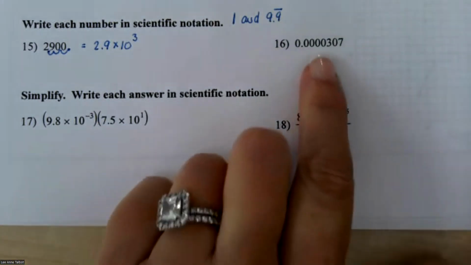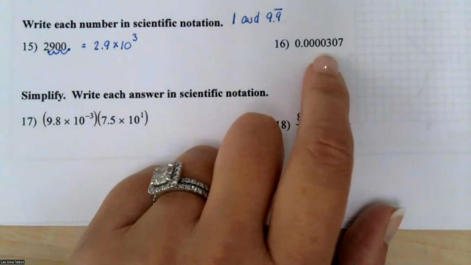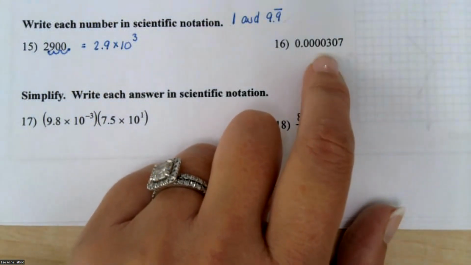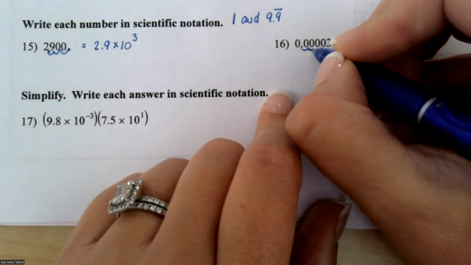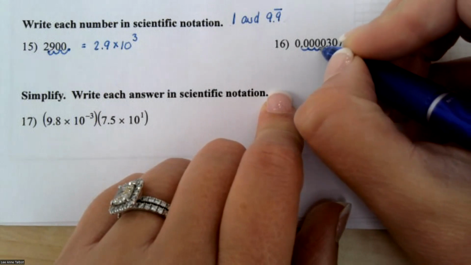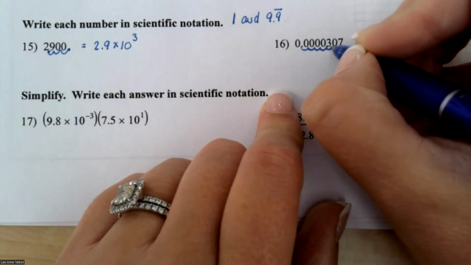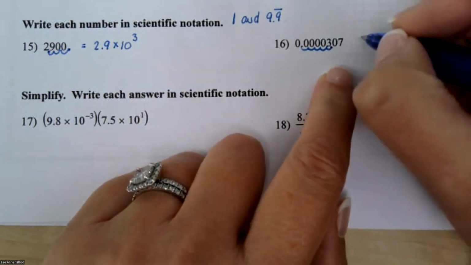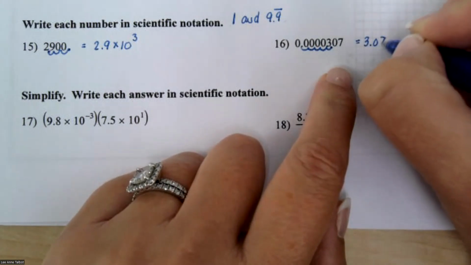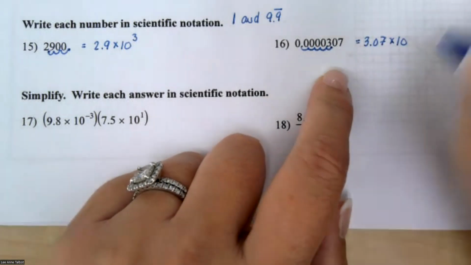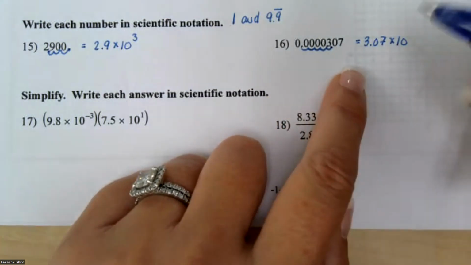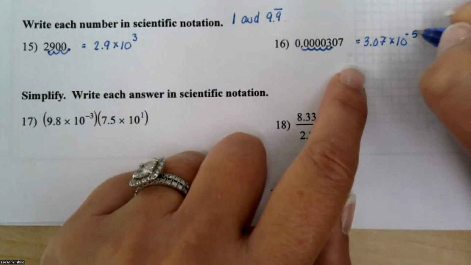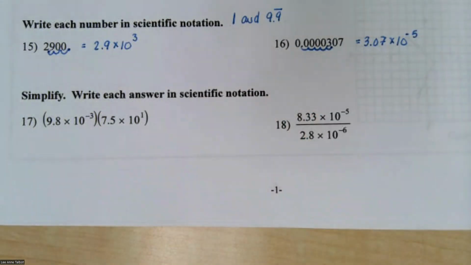Okay, now where do I want to move the decimal between what two numbers in this one? 3 and 0. Beautiful. Okay, so 1, 2, 3, 4, 5. And this one, because it was a little tiny decimal and I made it bigger, I have a negative exponent.